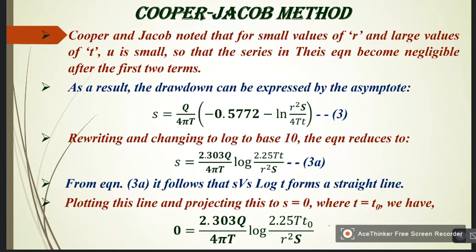Now, the second method is what is known as an approximate method, the Cooper and Jacob method. Cooper and Jacob noted that for small values of R and large values of T, U will be small, so that the series in this equation becomes negligible after the first two terms. So what are the first two terms?